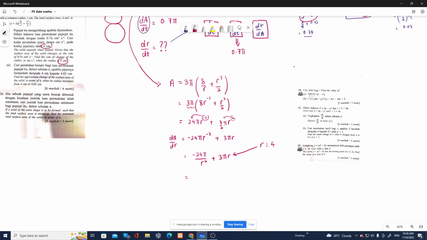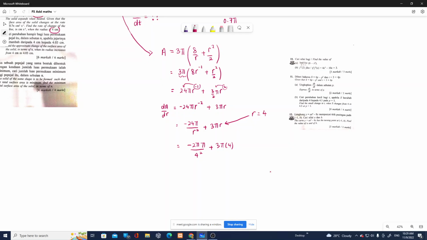So, kita boleh masukkan dulu negative 24 pi over 4 square tambah dengan 3 pi darab 4. Got it? Got it.